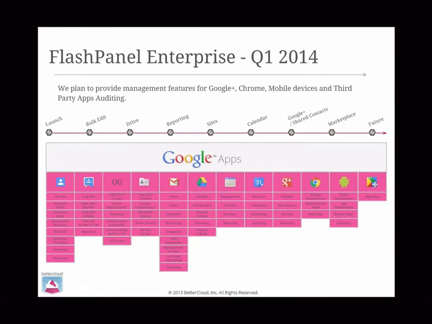That applies to Chrome extensions, Google Apps Marketplace extensions, iPhone apps, and also Android Play apps. So you get a lot of information from your users, and you can find out really what companies out there are accessing your company data.